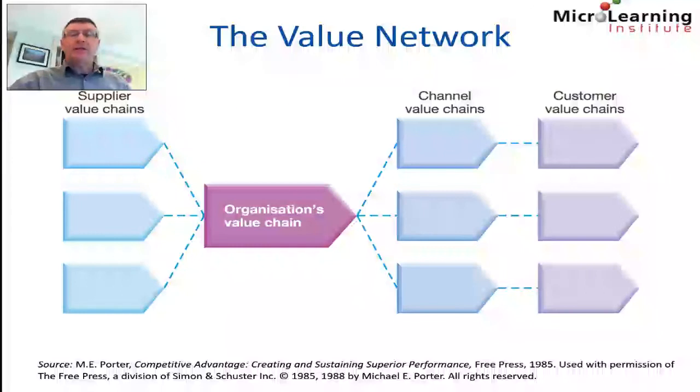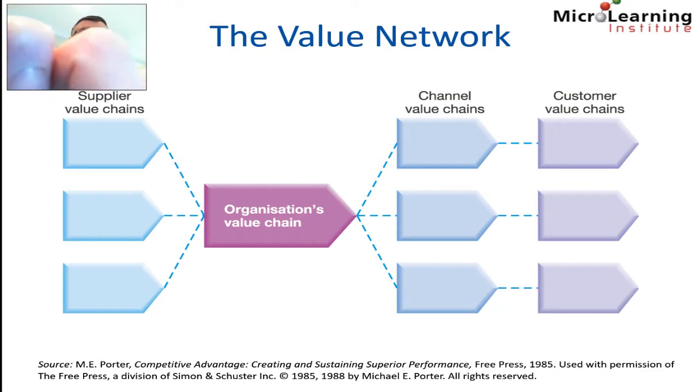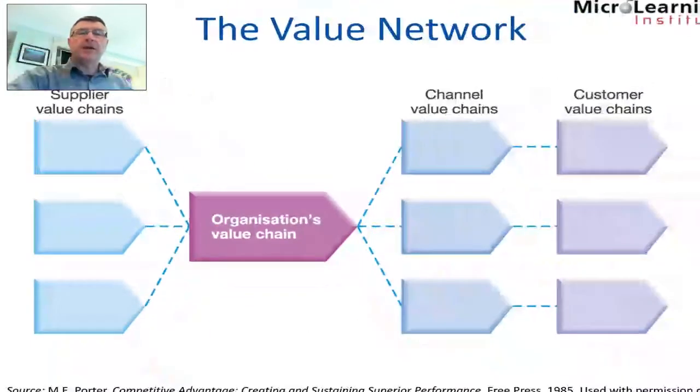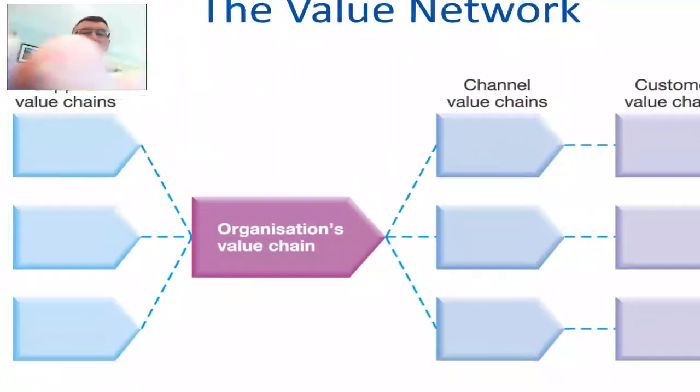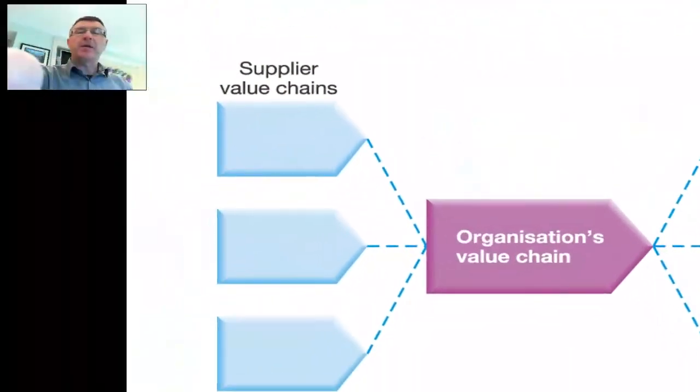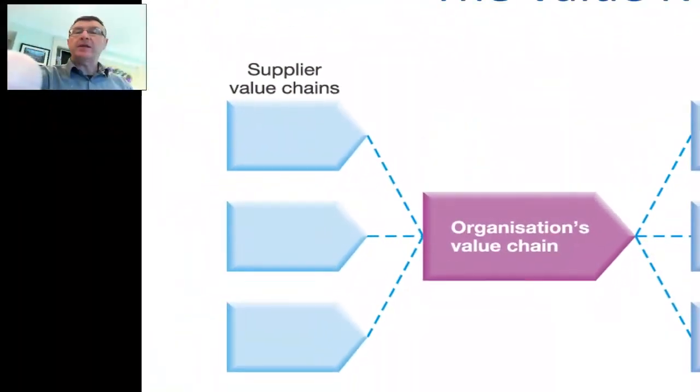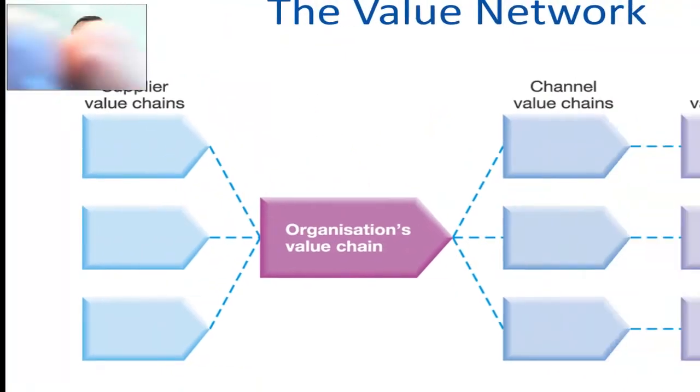The value chain can be extended to identify what Porter refers to as a value network. And this value network refers to organizations. So here we have the organization's value chain, but the organization's value chain is supported by a number of suppliers, each of whom have their own individual value chains.